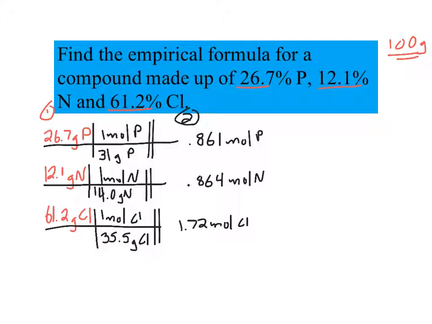Okay, so step 3, divide by smallest. Well, in this case, I'm looking at phosphorus and nitrogen, and they're pretty much the same, but I am going to take the smallest. And if you're ahead of me, what you'll see is that when I divide those two out, I'm going to get about 1 for each of those compounds. So I'm going to divide by 0.861, divide by 0.861, divide by 0.861.